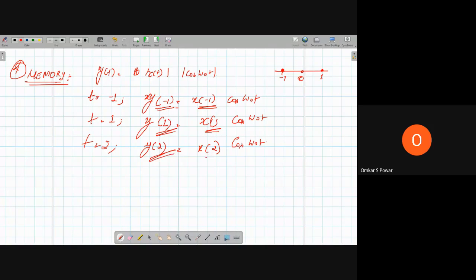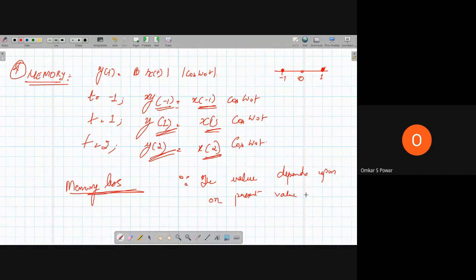At 2, it depends on the value of 2. So this is a Gajini system, which is memoryless, because the output depends on the present value only.